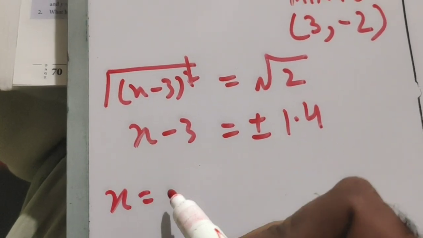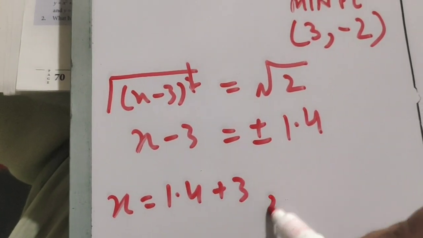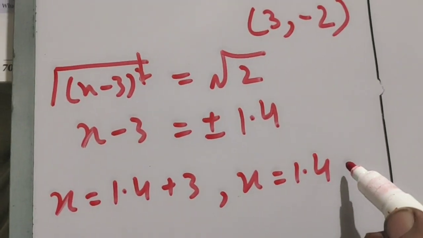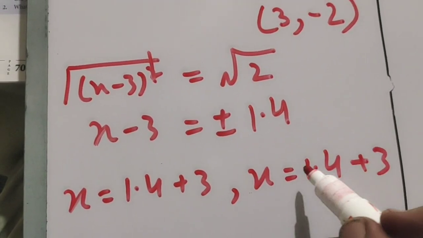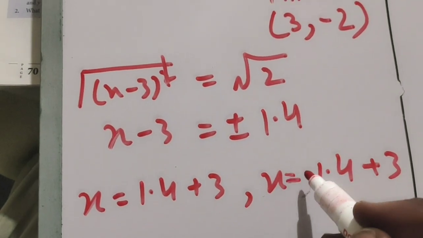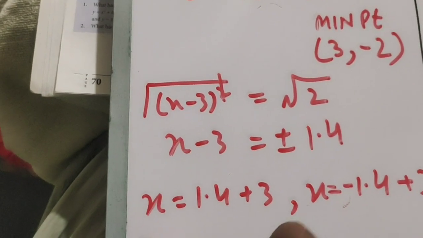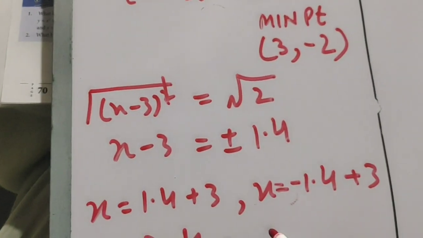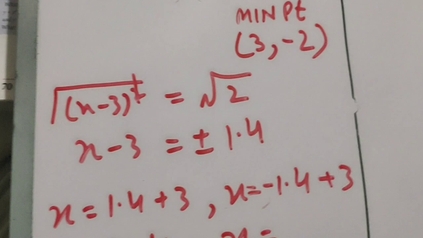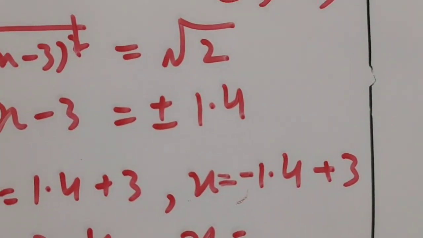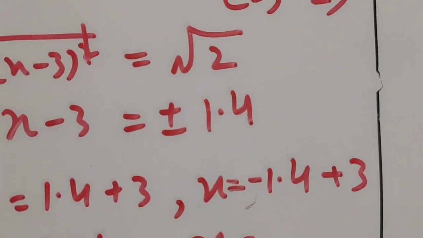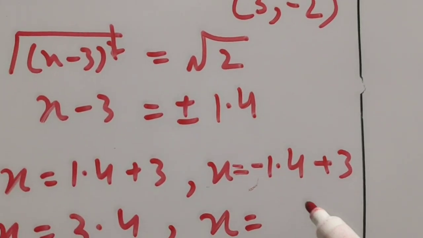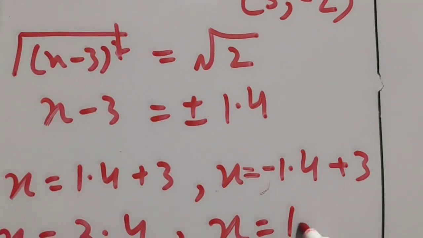Now we take both these values to find x. So x is equal to 1.4 plus 3, and x is equal to minus 1.4 plus 3. The first becomes 3.4. For the other, because the signs are different, we subtract: 3 minus 1.4, and the answer is 1.6.